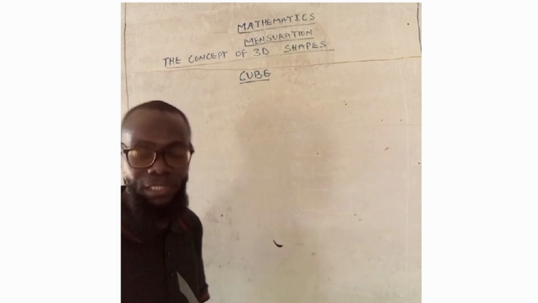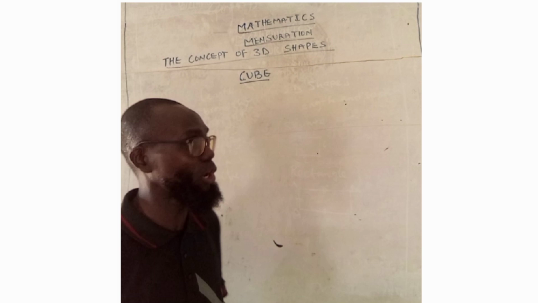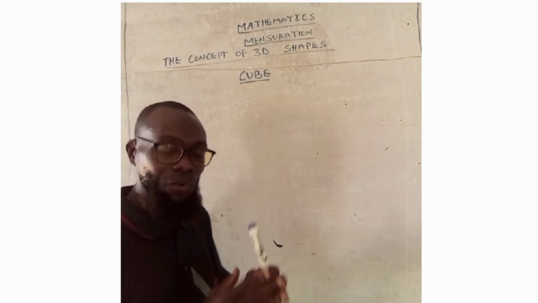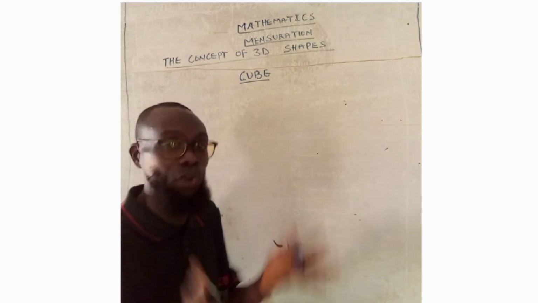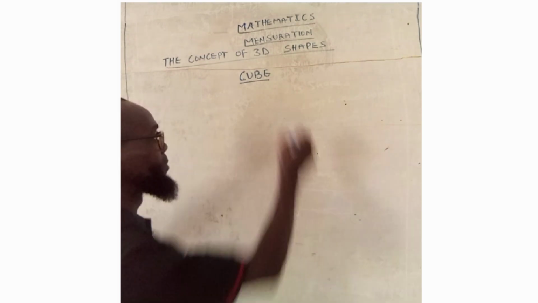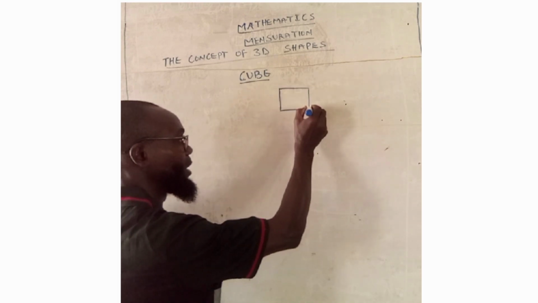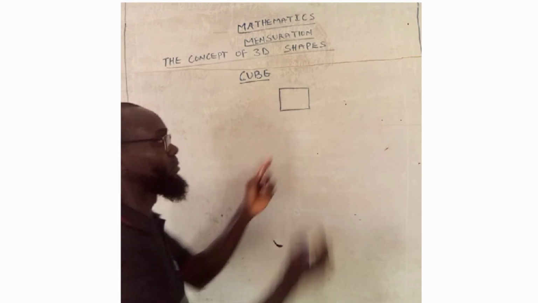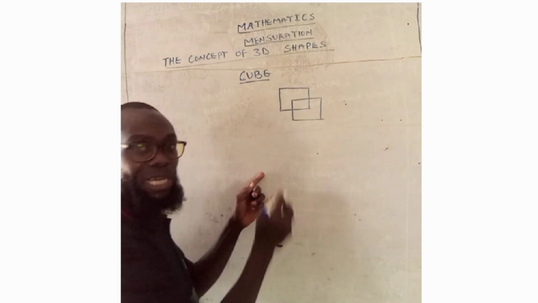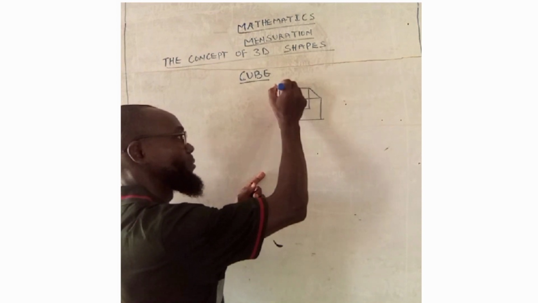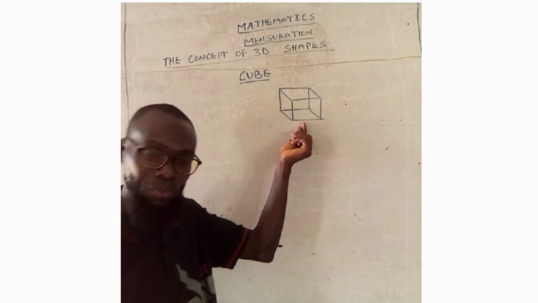A cube, as a three-dimensional shape, is formed from a square. When we have six squares coming together, they form a cube. This is an example of a square. Another square. Now it forms a cube.